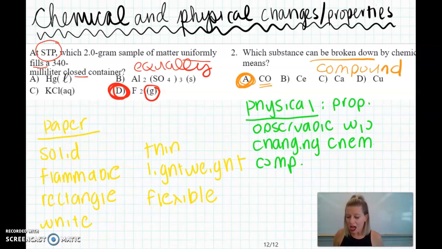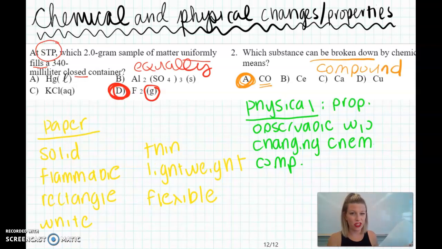Well, that means that if I were to look at this piece of paper and say this piece of paper is white in color, by saying that, does that change the chemical composition of this? Can I test or observe that this is a piece of white paper without changing the chemical composition? Yes, we can, right?